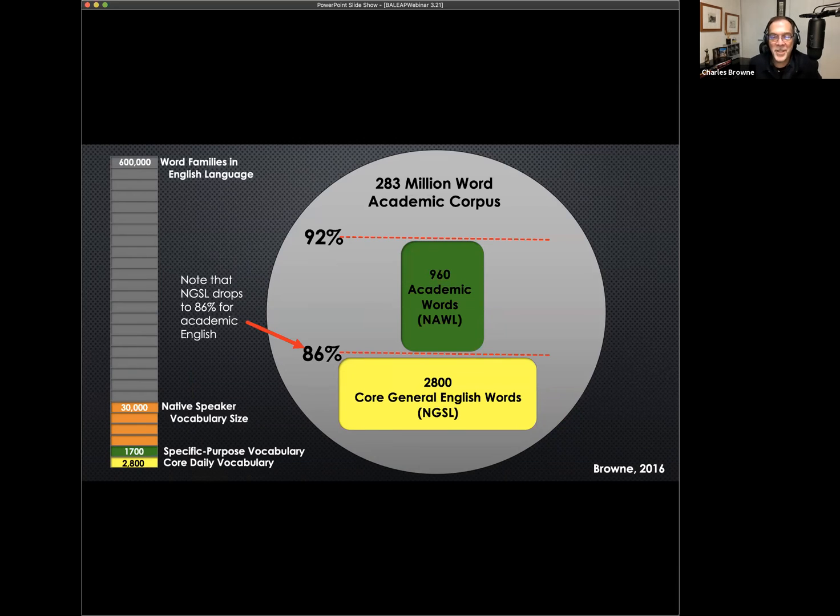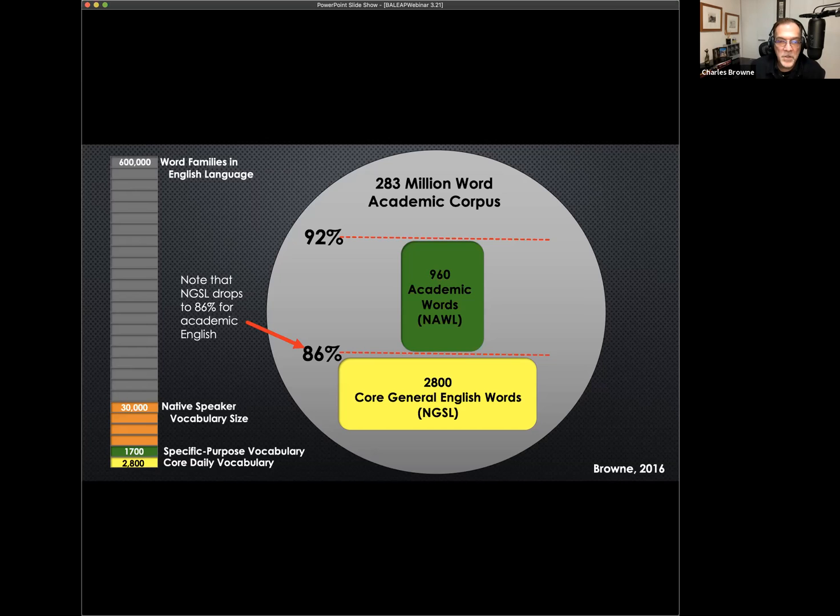Because just the NGSL gives 92% coverage for general English. But what you can see is that the NGSL's coverage drops down to about 86% for academic English. And then the 960 academic words give you another 6%, bringing you back up to 92%.